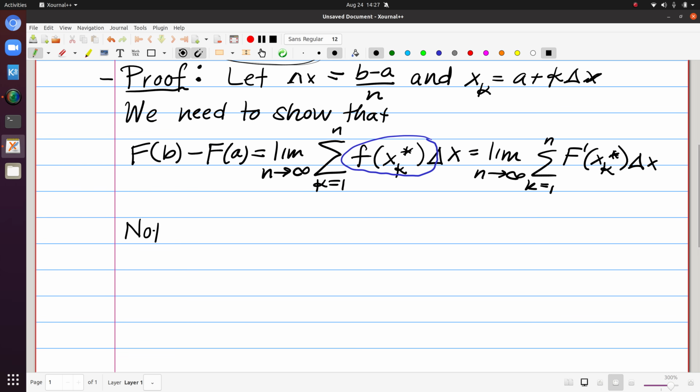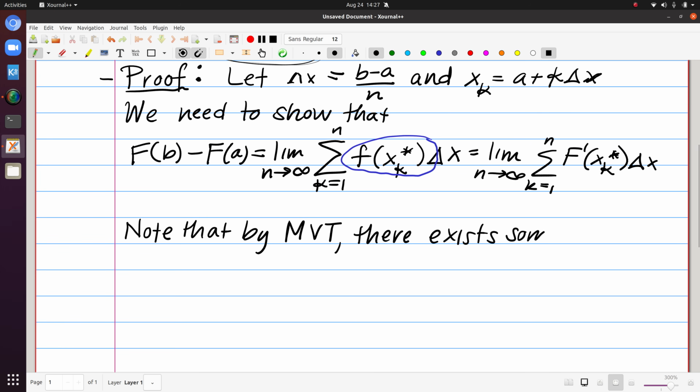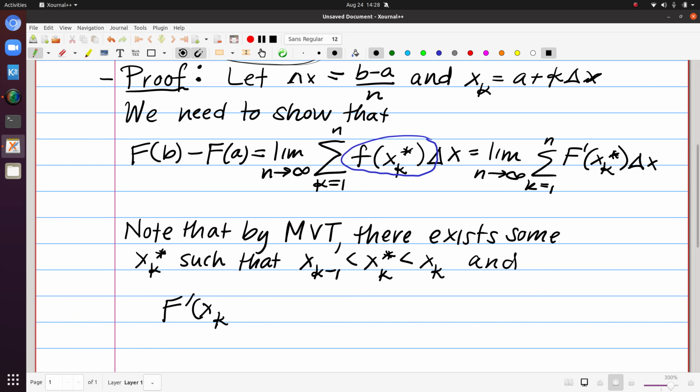So note that by the mean value theorem, which I'll call MVT for short, there exists some point xk star such that it sits in between my subinterval from xk minus 1 to xk, and that the derivative of capital F at xk star is equal to f of xk minus f of xk minus 1 over xk, or excuse me, over xk minus xk minus 1.